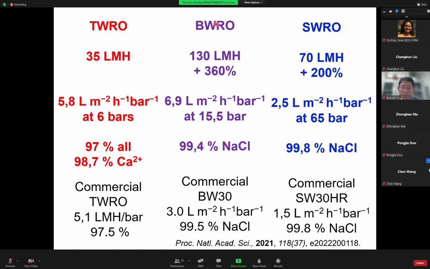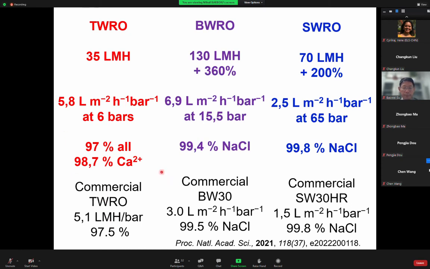By changing the composition, we can make good membranes for brackish water, which are surpassing or maybe reaching these values right now, but compared to the commercial ones they are still good. For tap water at low pressure, these membranes work like commercial ones. They are not as good as for seawater, but still good for the application, with very nice rejection and almost similar fluxes.